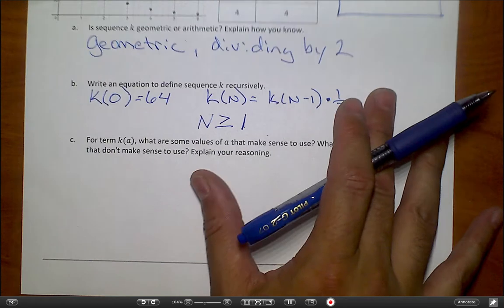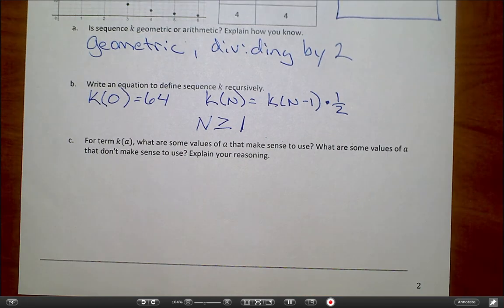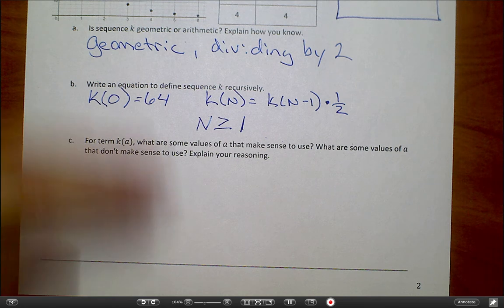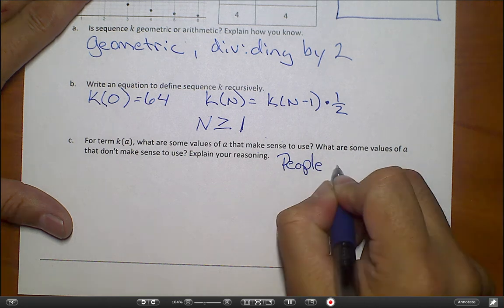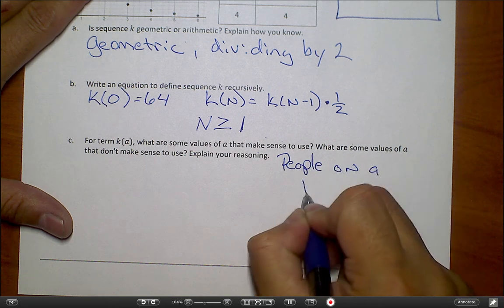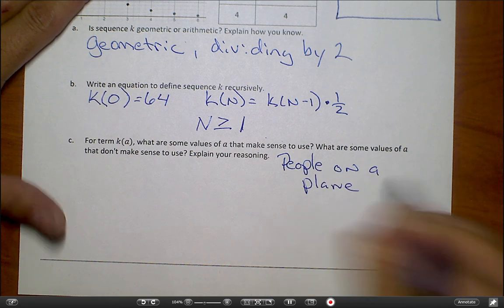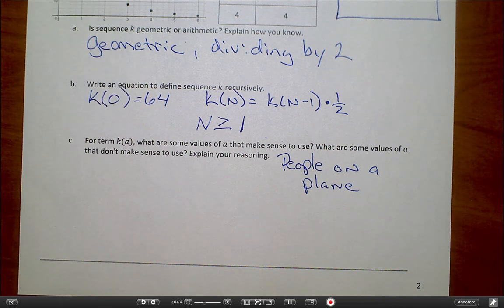All right, now this is the problem that a lot of people had on the previous test. For term K of a, what are some values of a that make sense? What are some values of a that do not make sense? Explain your reasoning. Think of people on a plane. What values are we going to use?